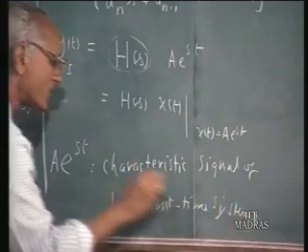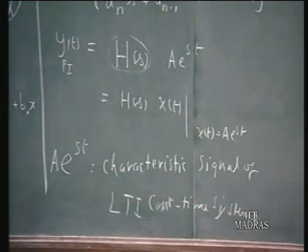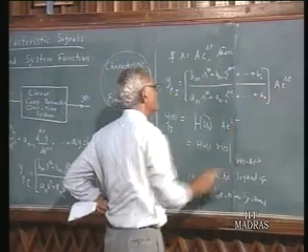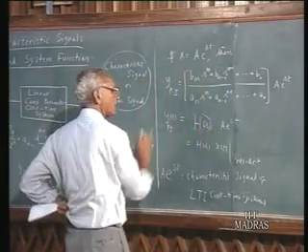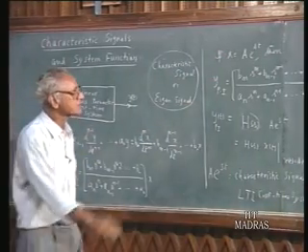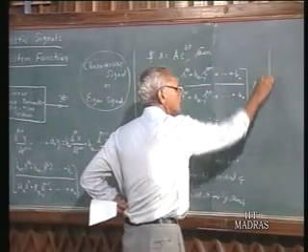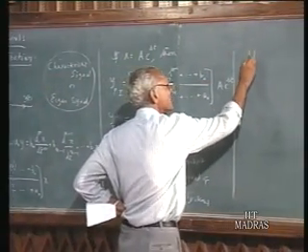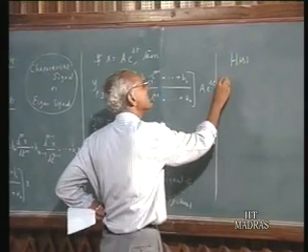This is a very important property. Any linear time invariant continuous time system will have this as characteristic signal, and therefore, if the input is in that form, the output is obtained by merely multiplying this by H(s), where H(s) is a kind of proportionality factor. And this H(s) is called the system function.